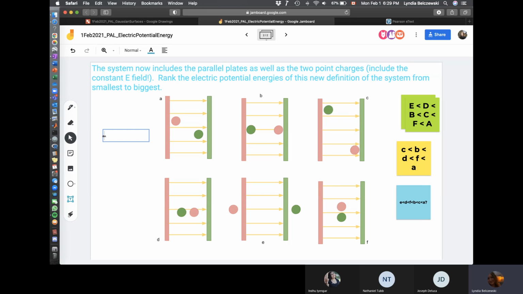You might not see what I'm writing on your own Jamboard because it won't show it until I click out of the text box. But I'm sharing my screen, so if you want to watch what I'm saying or just listen, it's up to you. So we all agree that A is pretty big.